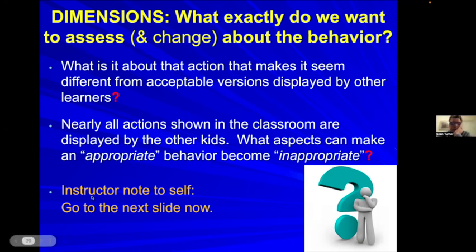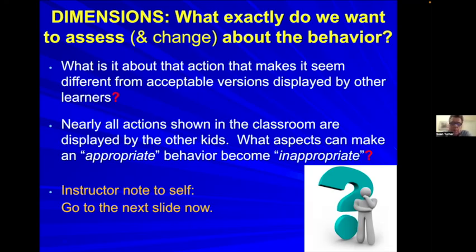What is it about the action that makes it seem different from acceptable versions? Nearly all the actions shown in the classroom are displayed by the other kids. What aspects can be seen as appropriate versus inappropriate? As a teacher, this makes you a little bit vulnerable, because now you're talking about what is appropriate and what is inappropriate.